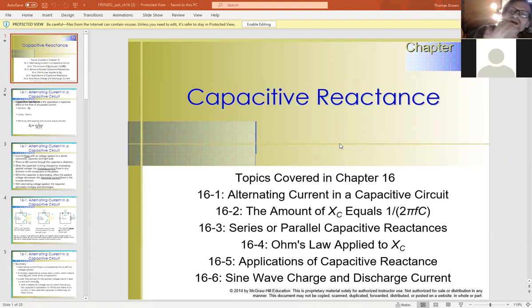What we're looking at is something called reactance. Keep that in the back of your head: reactance. The capacitor is going to react to the AC signal.